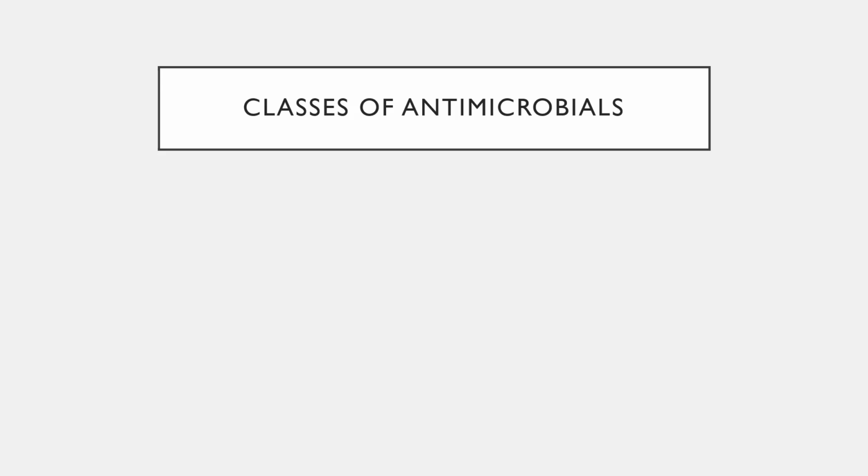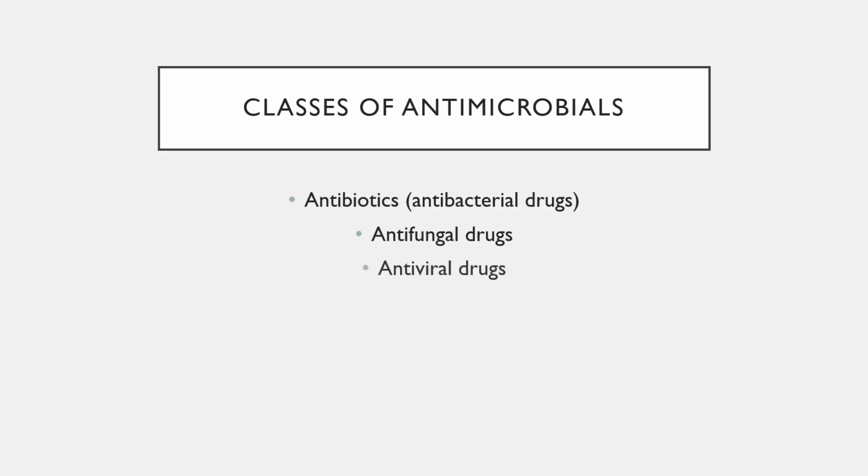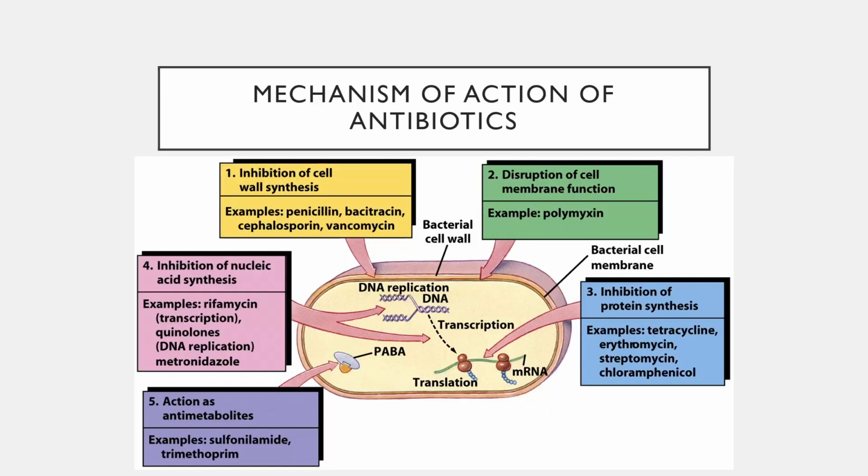Antibiotics are also known as antibacterial drugs, drugs that fight and target bacteria. Then there's antifungal drugs, drugs that fight and target fungus, antiviral drugs, drugs that fight and target viruses, antiprotozoan drugs, and anti-helminth drugs. So we're going to start with antibiotics, or in other words, antibacterial drugs.